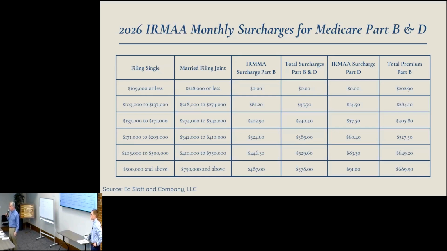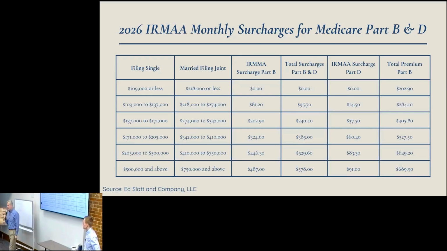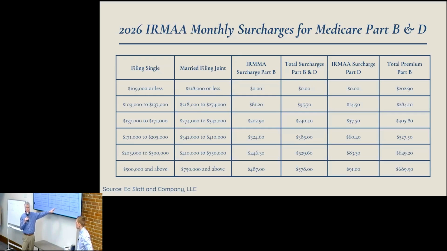Because you can drag that out for several years if you sell a business slowly over the course of time and your income gets jacked up for several years, then this is an extra tax that you have to be aware of. You know, especially if you're doing something that caused you to be clear up there at the top end, and that is $578 per person per month. If you're a married couple filing jointly, it's this times 2, folks. So it's a cost that you have to be aware of.